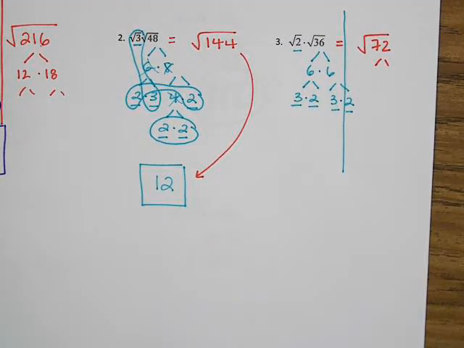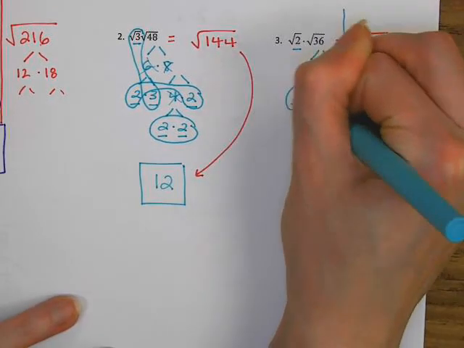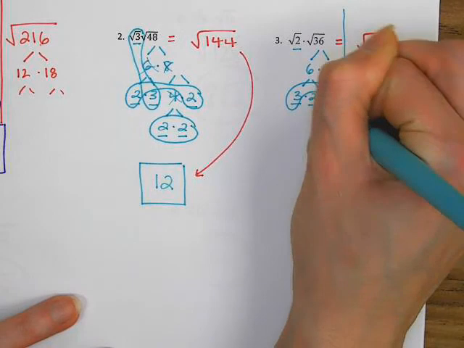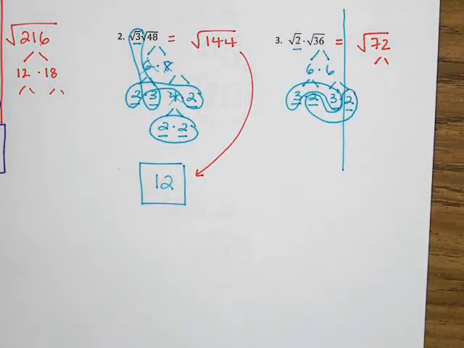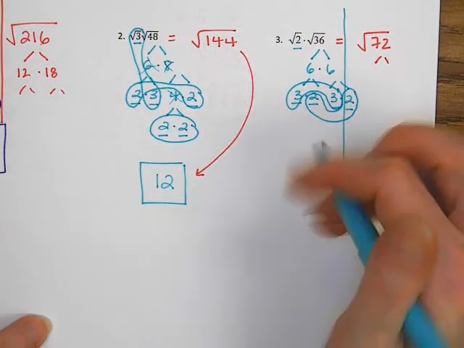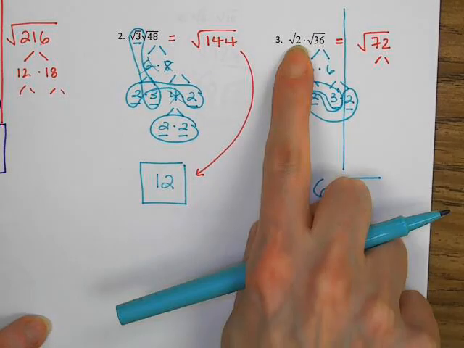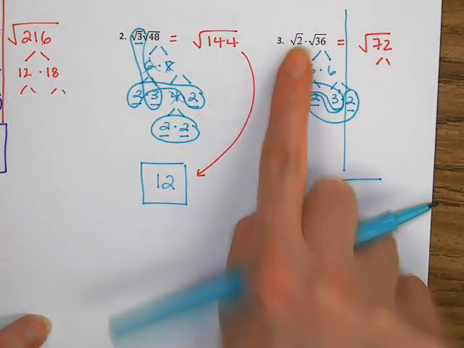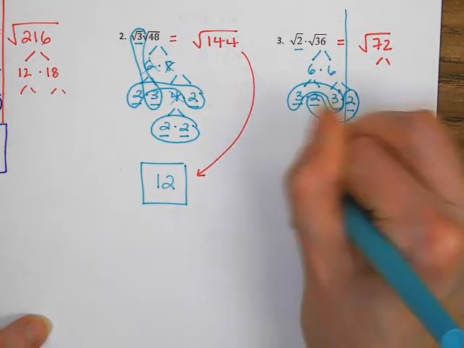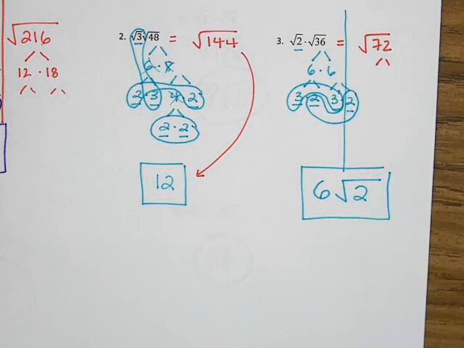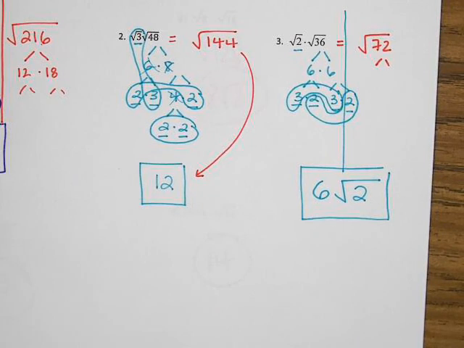Okay, so on this one, we have a double 3, and we have a pair of 2s. So 3 times 2 means 6 comes out, but don't forget, this guy counts, he's the single leftover. So this one's really just 6 root 2. Okay, so that's how you guys multiply.